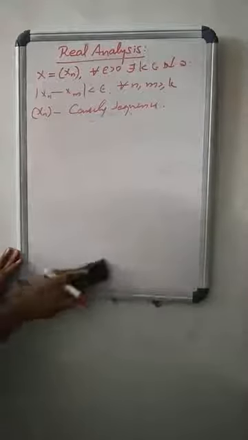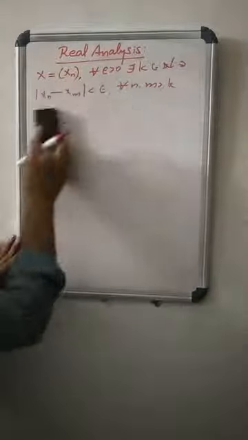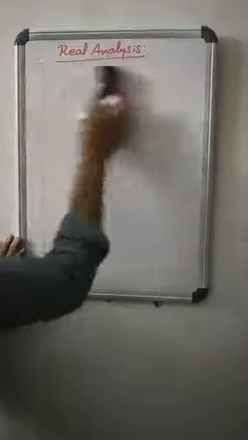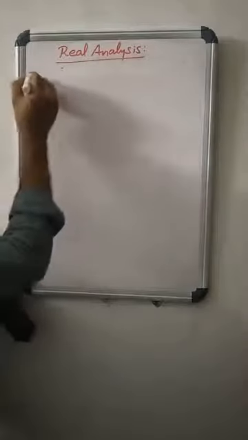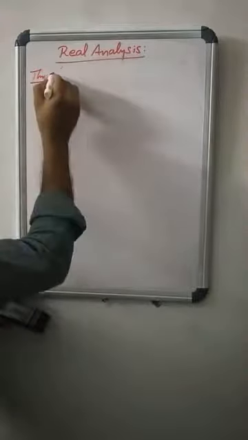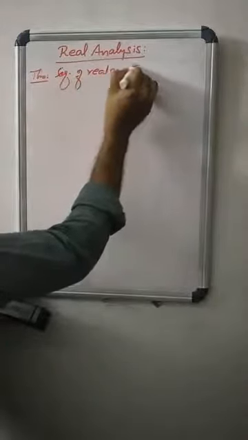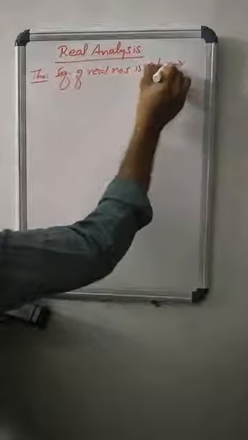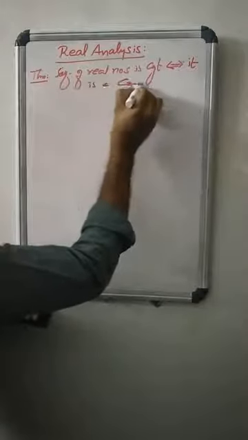A sequence of real numbers is convergent if and only if it is a Cauchy sequence.